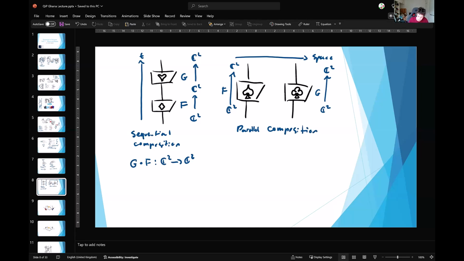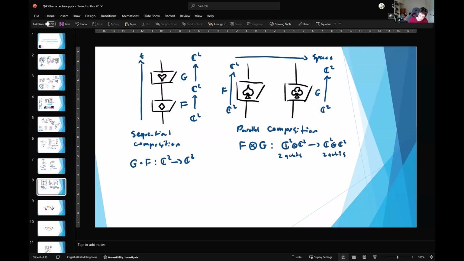So this is really parallel composition as an operation. And here is where things get a bit more complicated. If you've seen more traditional quantum information, quantum circuit formalism, this is what's written typically as a tensor product. So it goes from 2 qubits to 2 qubits.